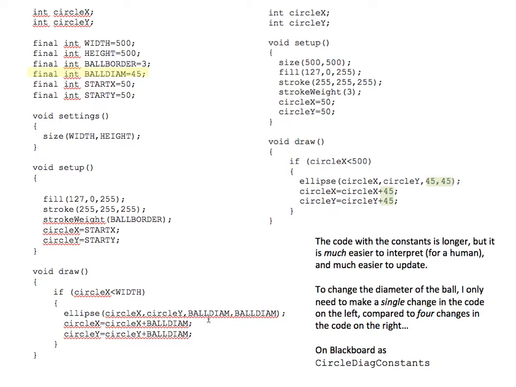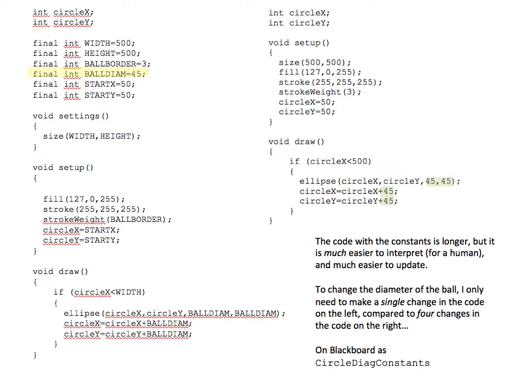If we were just to leave the 45 hard-coded as it is, then we'd have to change 4 different instances. Whereas if we use constants, we simply have a single reference to the diameter of the ball here, and then reference it using the label, so that if we ever want to change the size of the ball, we just do it once there, and then that change automatically is reflected in these calculations here.